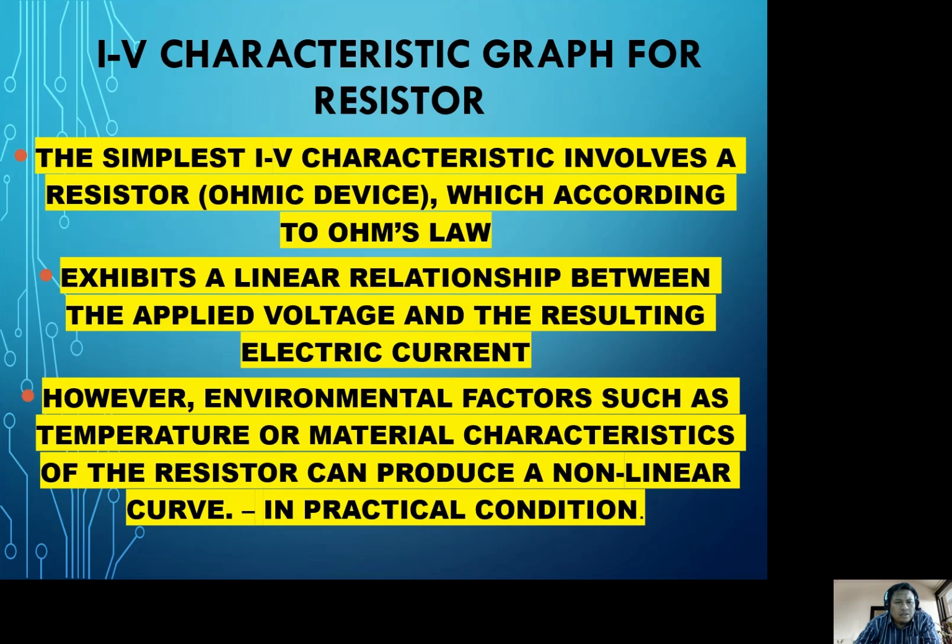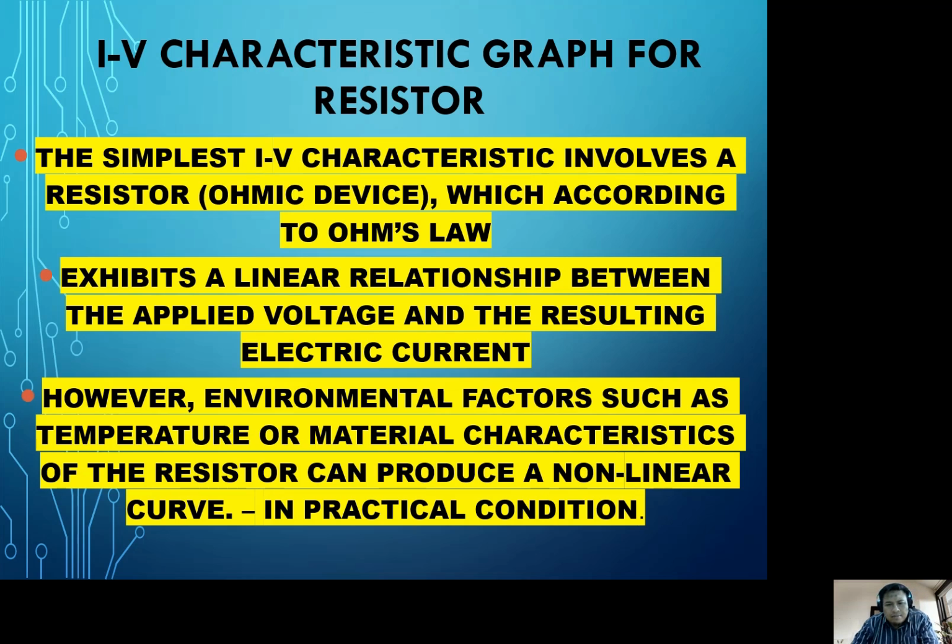IV characteristic graph for a resistor. The simplest IV characteristic involves a resistor which, according to Ohm's law, exhibits a linear relationship between the applied voltage and the resulting electric current.